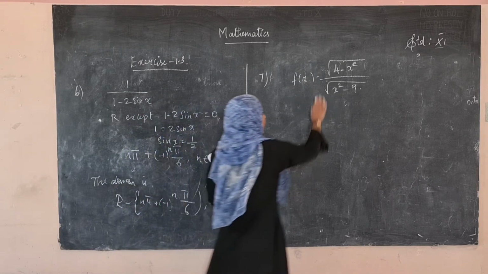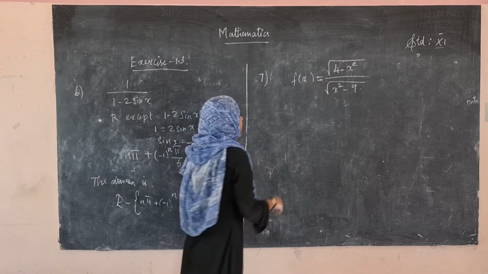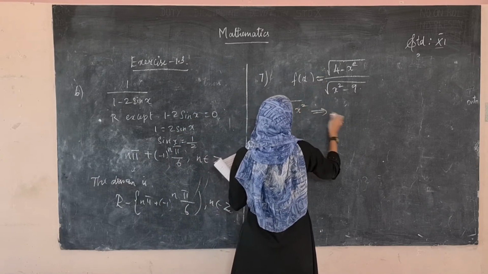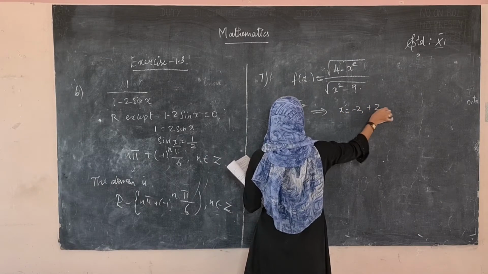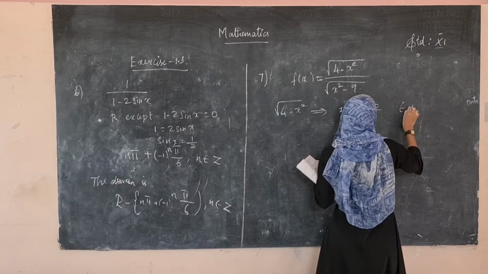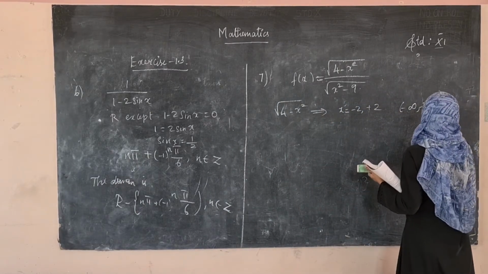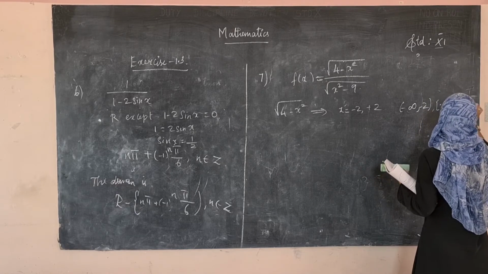For this we have to find a separate domain, and for this we have to find a separate domain, and we have to combine them. See here, for the root of 4 minus x square, what do we get? We get the roots as x is equal to minus 2, plus 2. So the intervals are minus infinity to minus 2, minus 2 to 2, and 2 to infinity.